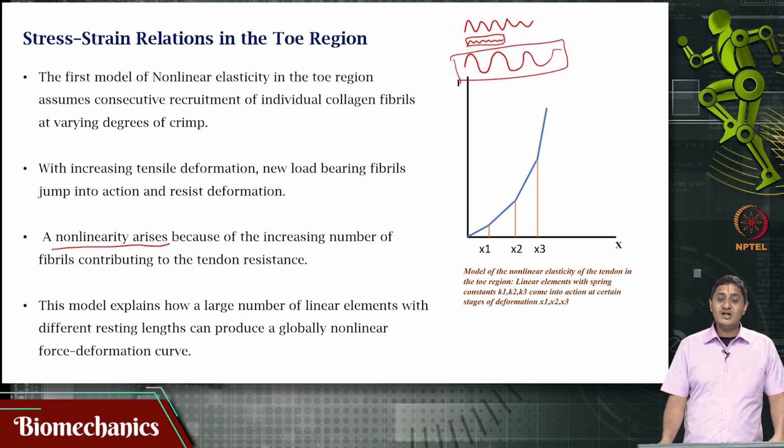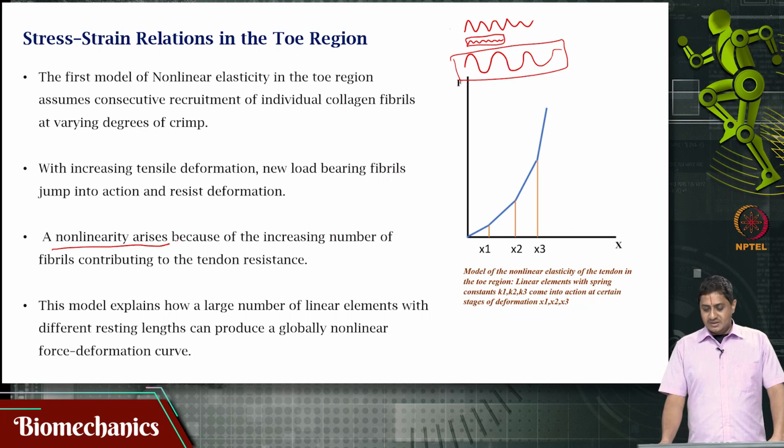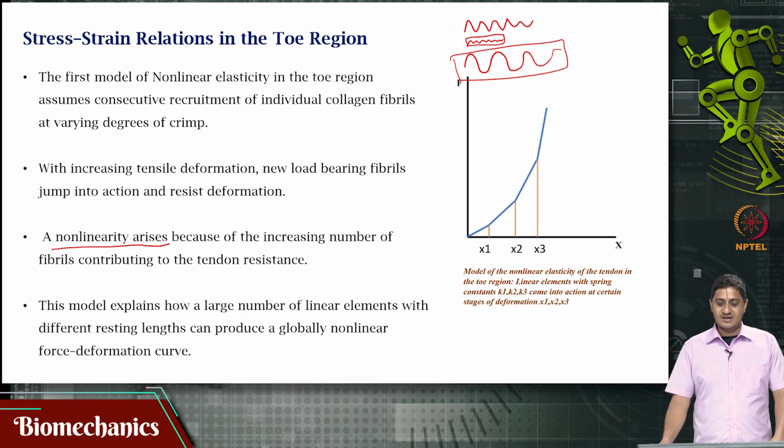As you combine a very large number of linear elements, you might give rise to a global non-linear behavior in the whole tendon. Okay. This explains how a very large number of linear elements with differing resting lengths can produce a global non-linear behavior, right. This is one model of toe region nonlinear elasticity, right.